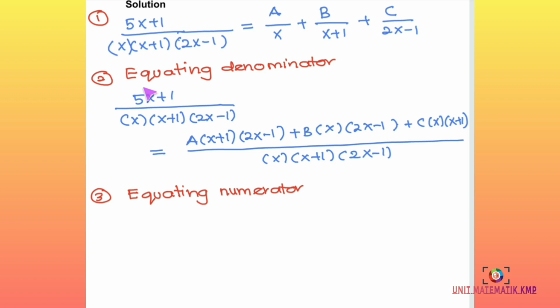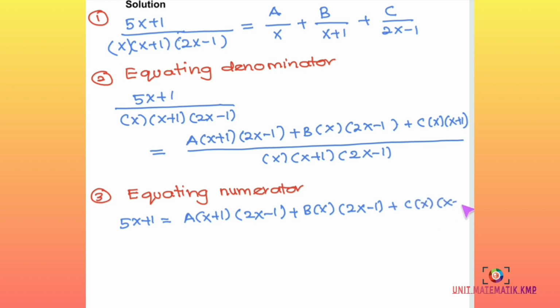Our numerator on the left hand side is 5x plus 1, and the numerator on the right hand side is, equating, we have 5x plus 1 is equal to a times (x plus 1) times (2x minus 1), plus b times x times (2x minus 1), plus c times x times (x plus 1).